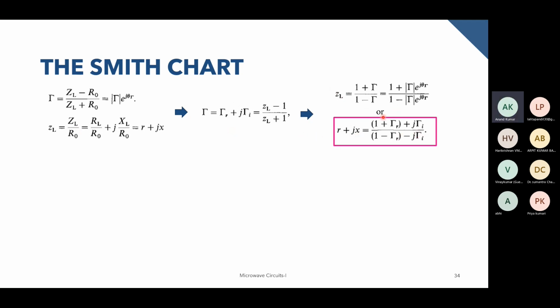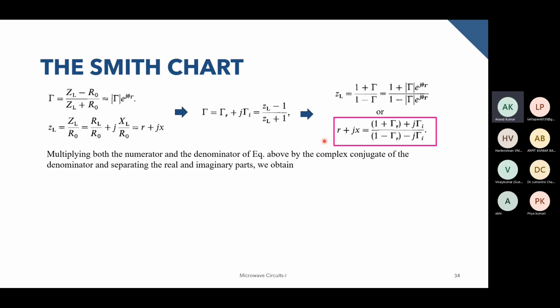Now we'll focus on this equation. We multiply both the numerator and denominator of this expression by the complex conjugate of the denominator to separate the real and imaginary parts. This is a very simple step of mathematics, but it will yield very useful results.